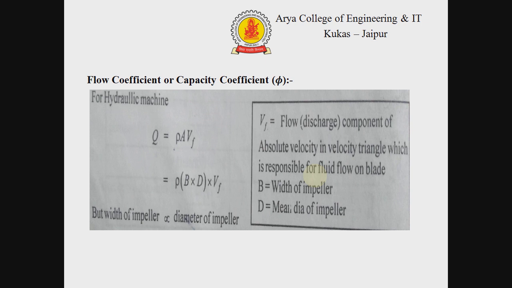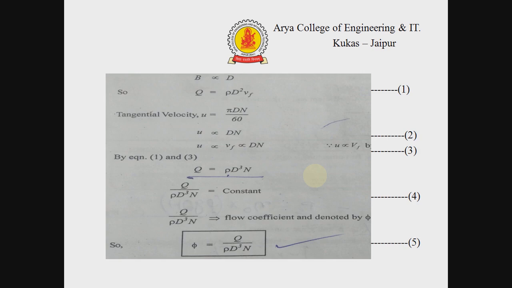Now we know that area equals B into D, so in the above equation A is replaced by B and D. The new equation is Q equals rho into B into D into Vf. But the width of the impeller is directly proportional to the diameter of the impeller. So if B is proportional to D, then Q equals rho D square into Vf, as shown in equation number 1.